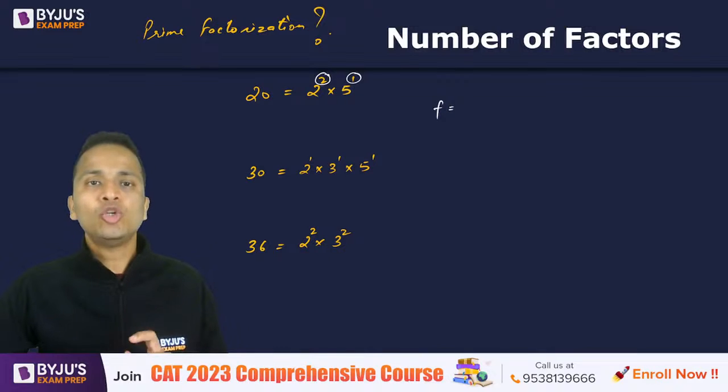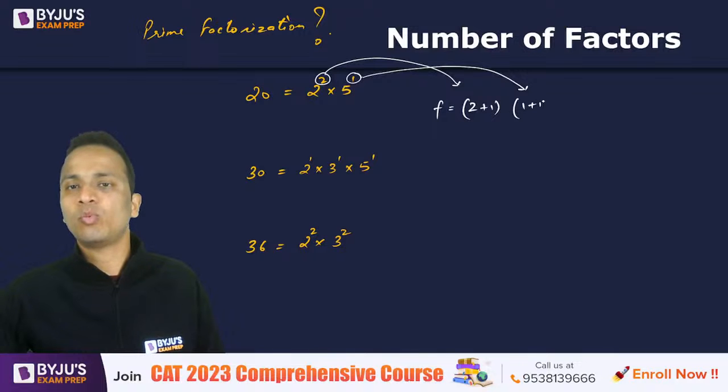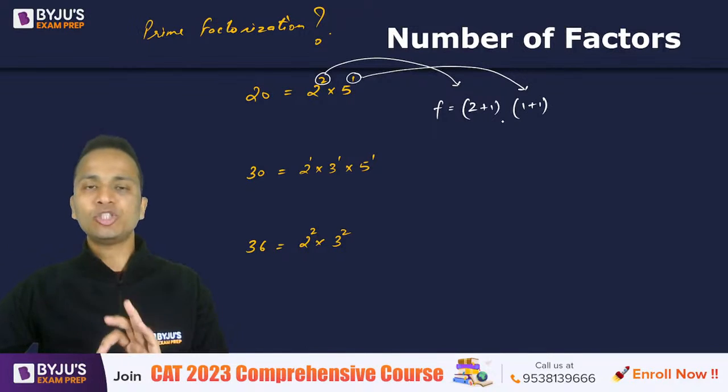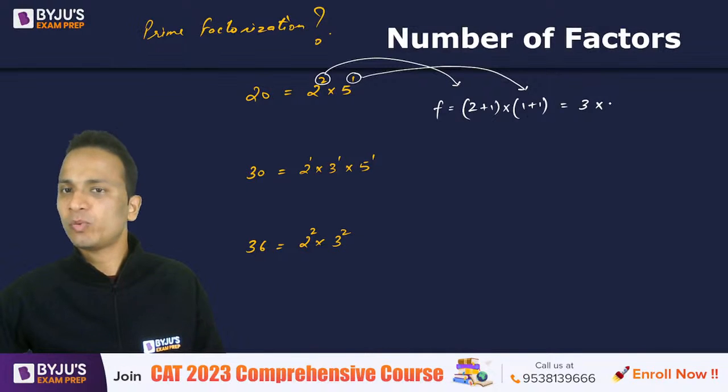Add 1 to each of these powers. So 2 plus 1, and then to this 1 also add 1, 1 plus 1. So add 1 to each of these powers, and then multiply the resulting numbers. So 2 plus 1 is 3 multiplied by 1 plus 1 is 2.